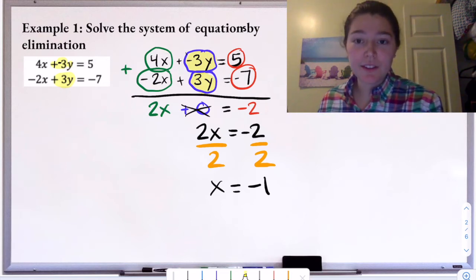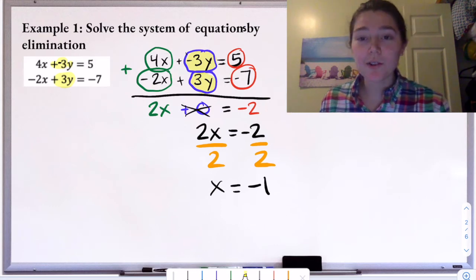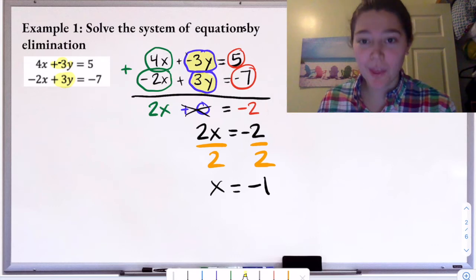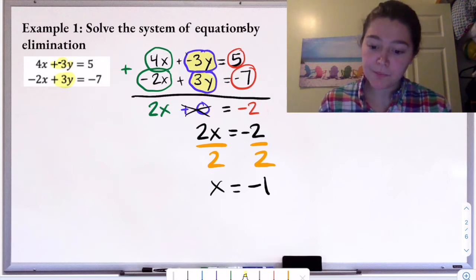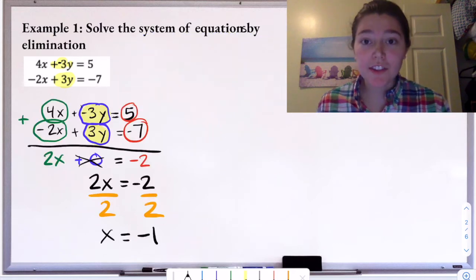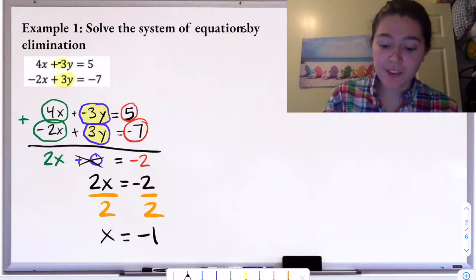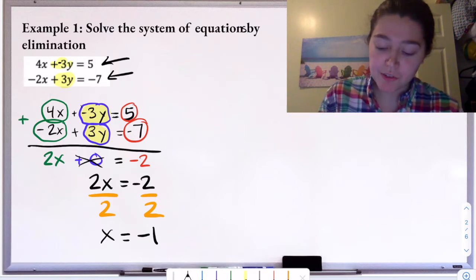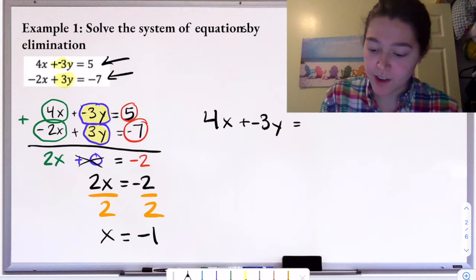Great. Okay, so I found x equals negative 1. Am I done? Is that my solution? No, because for solutions to systems, we need the x and the y variable, and then we write the solution as an ordered pair. Now let's find my y variable. Now that I know the x value is negative 1, I can choose either of these original equations. It does not matter. I'll go with the first one, 4x plus negative 3y equals 5.